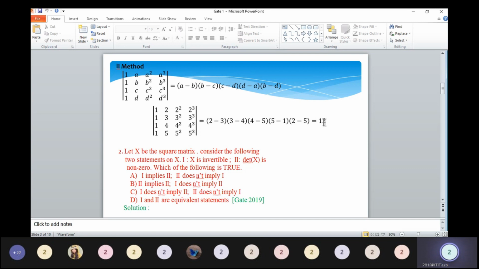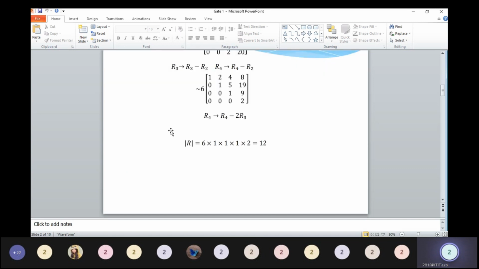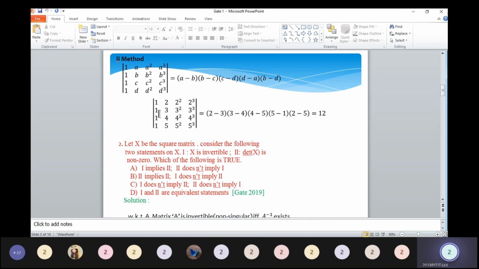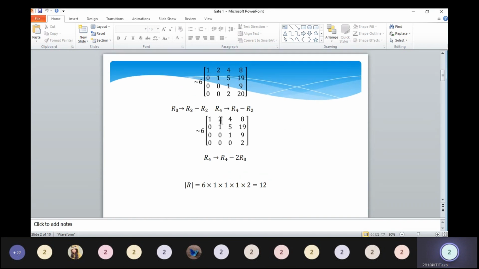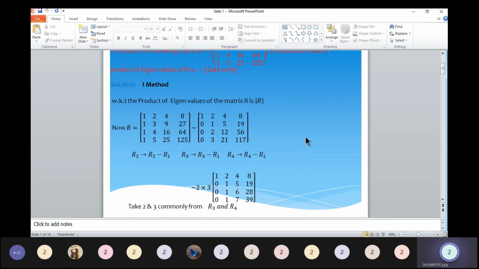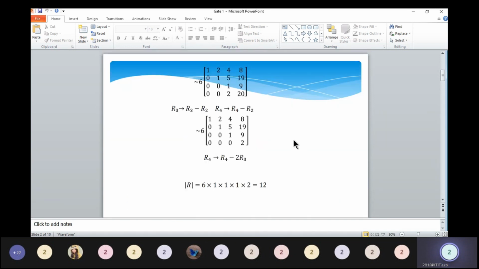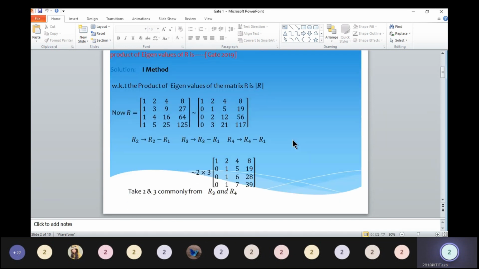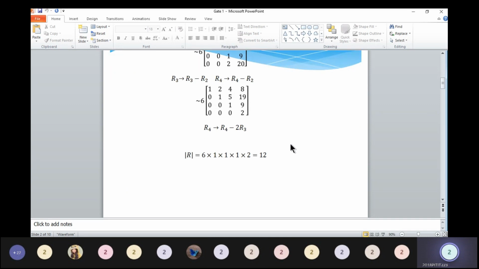This is one method. So 1 2 4 8, 1 3 9 27, 9 into 3 is 27, 1 4 16 64. Yes, 64. So like that, if you apply the formula we will get it.